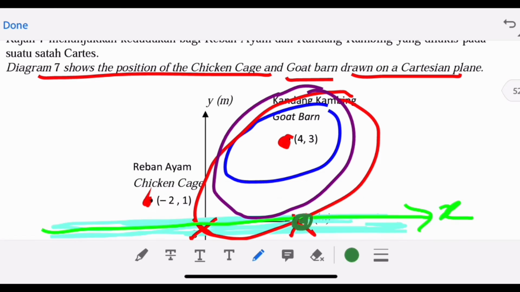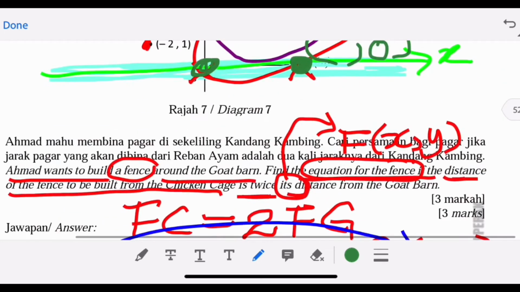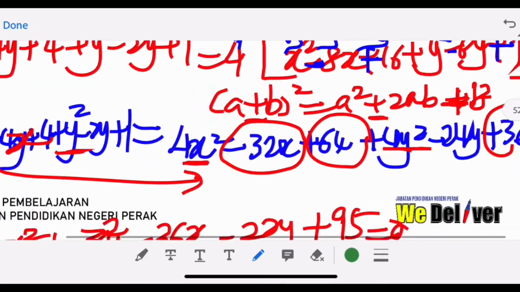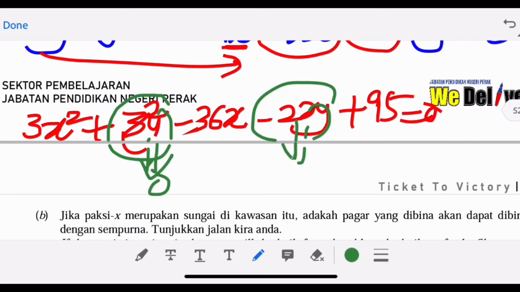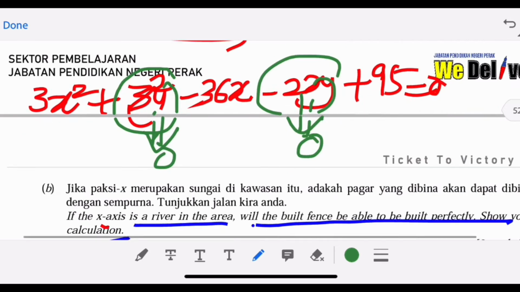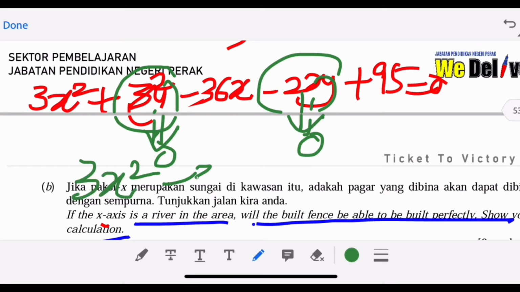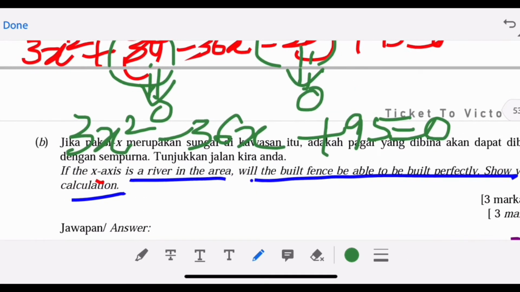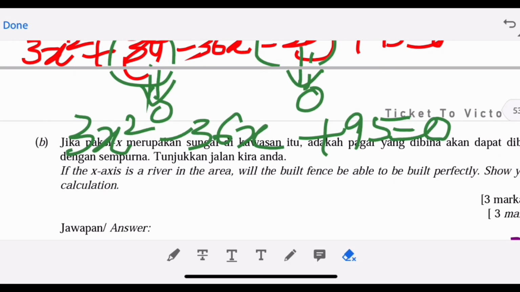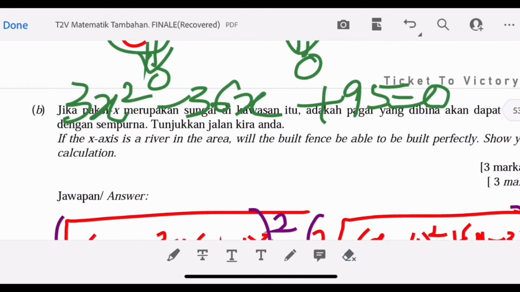Because on the x-axis, every point on the x-axis, the coordinate of y is 0. So when we look at the x-axis, we let y be 0 in the locus equation. We substitute 0 here, so it will be 0 off. Finally, the locus equation becomes 3x squared minus 36x plus 95 equal to 0. Now we want to know whether this quadratic equation touches, cuts, or does not intersect with the x-axis.